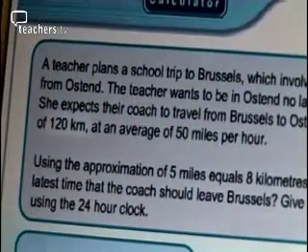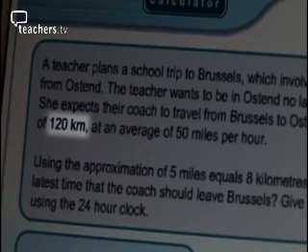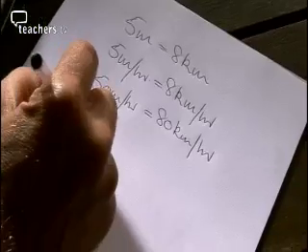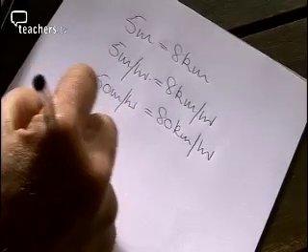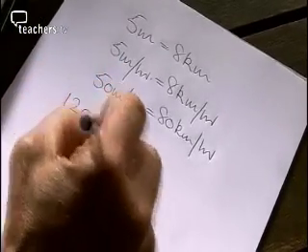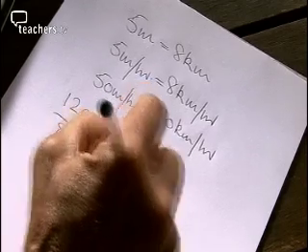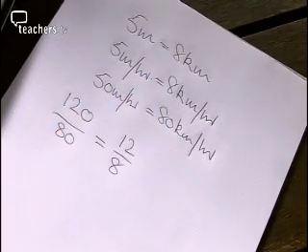Then we can look at the distance. The distance is 120 kilometres. How long does it take to drive that distance? To do that, we divide the distance by the speed. That is 120 over 80. 120 over 80 is the same as 12 over 8.